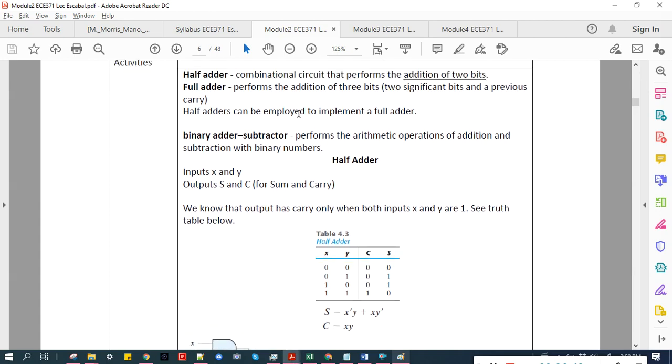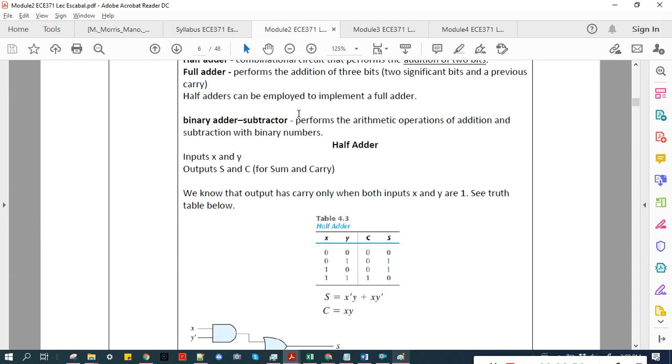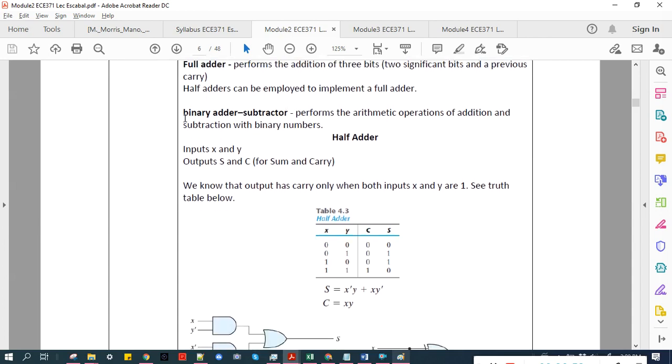Half adders can be employed to implement a full adder, as we shall see in the next sections. Binary adder subtractor performs the arithmetic operation of addition and subtraction with binary numbers.